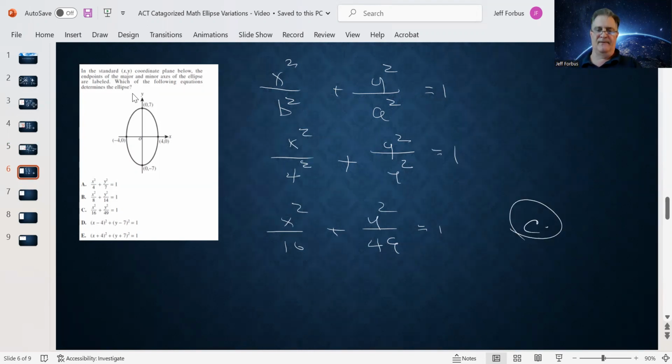Now they could have left it. Let's call this step 1, step 2, step 3. Technically, they could have left it like we have it in step 2. So be on the lookout for that. Most of the time, you're going to see it like I've got it in step 3, though. All right, let's go on.